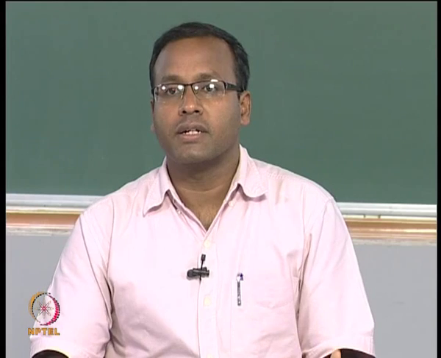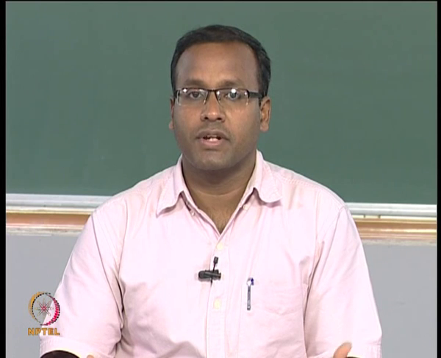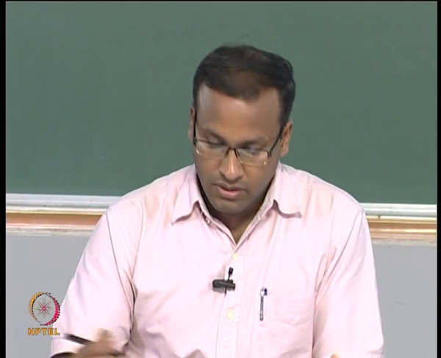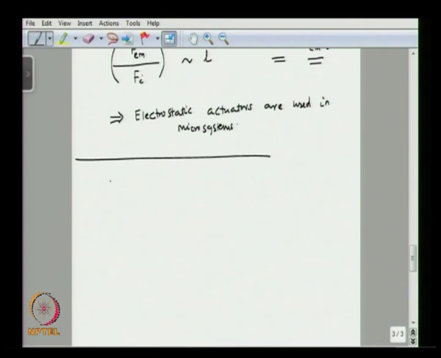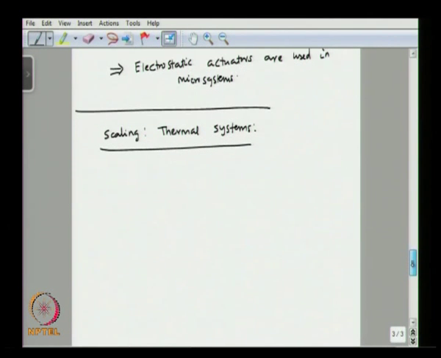Next, let us look at how the scaling is going to work for a thermal system. Okay. So we are going to look at scaling in thermal systems. Here we have heat transfer, assuming that it is by conduction.